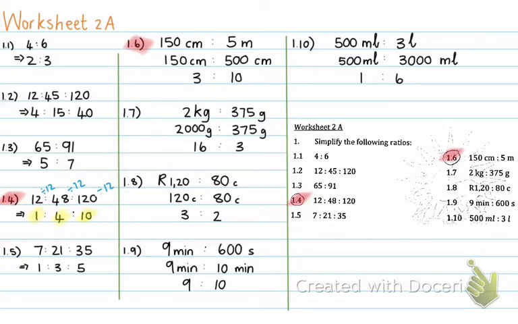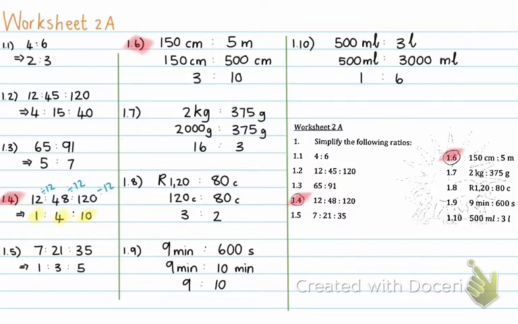At question 1.6, they ask us to simplify the ratio 150 centimeters and 5 meters. But remember, guys, a ratio is a comparison of two or more of the same quantities. And in this case, centimeters and meters are not the same.